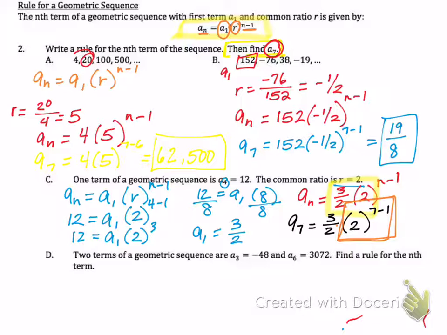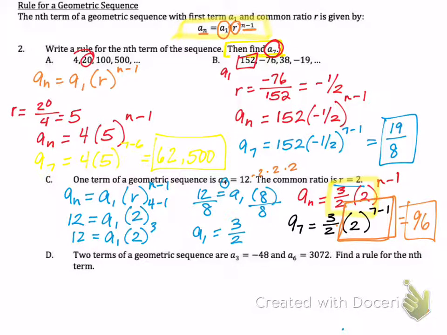One has an exponent, one does not. So you leave it as your A1 and then your R is in parentheses. So when you plug that in, what do you end up getting? A of 7 is what? 96. Good. You could also take 12 and multiply it by 2 three more times. Because A of 4 is 12 times 2 times 2 times 2, you're going to end up getting 96.